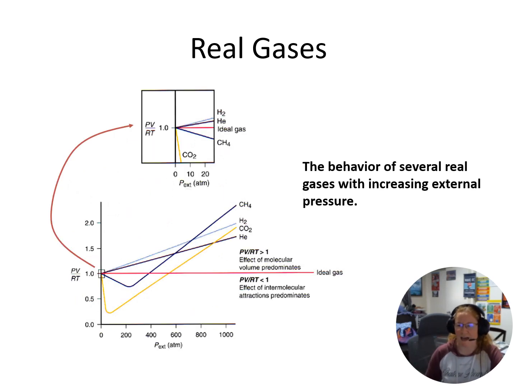Okay, when I look at real gases with increasing external pressure, again, that external pressure is going to squish down the volume. And so I've got the red line here for my ideal gas, but once I've deviated from ideal by changing that pressure there, now my molecular volume starts having an effect, because if I've squished everything closer together, what's happening? Oh, now there's not as much space between things, like that airplane.